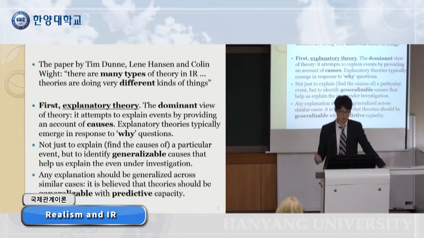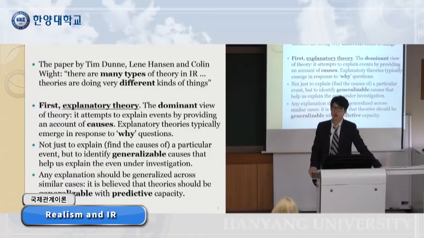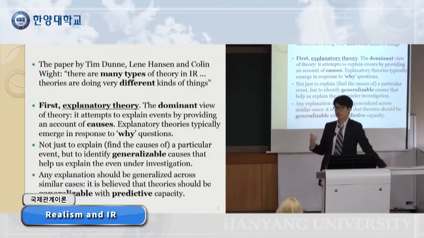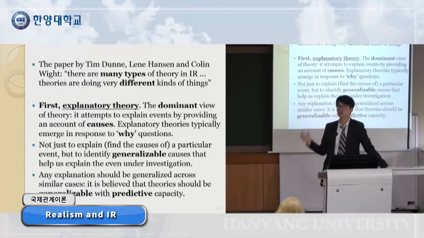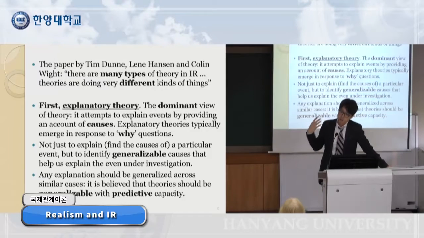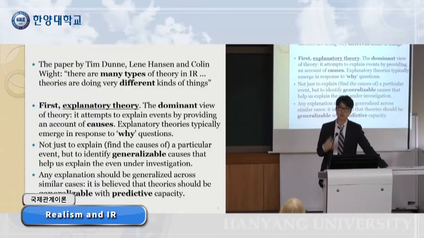To be honest, that is the generally accepted understanding of what theory should do in the field of international relations, including political science. In the entire field of political science, we often think that theory should provide us predictions based on generalization.